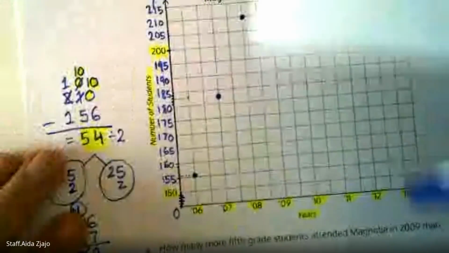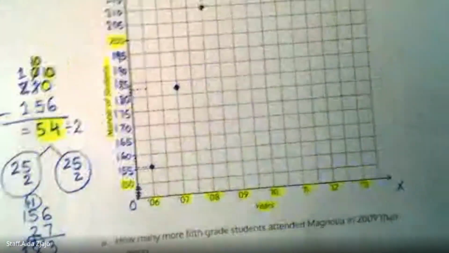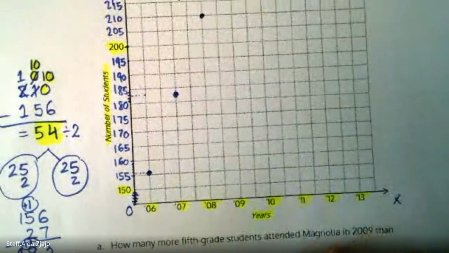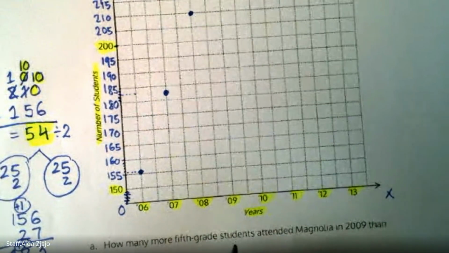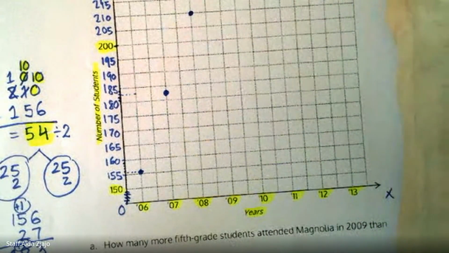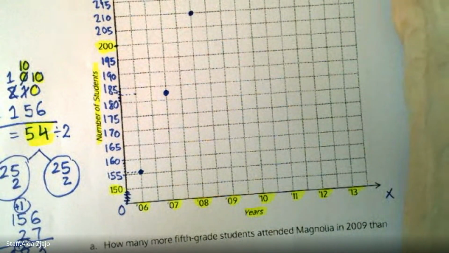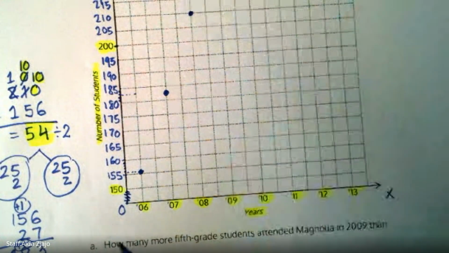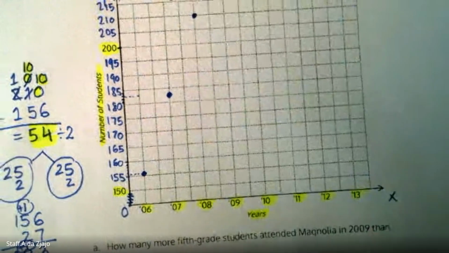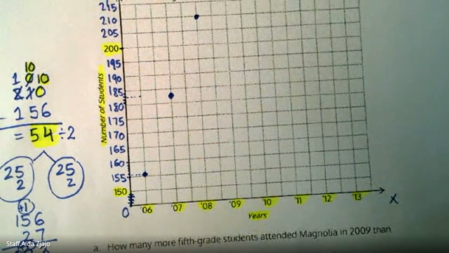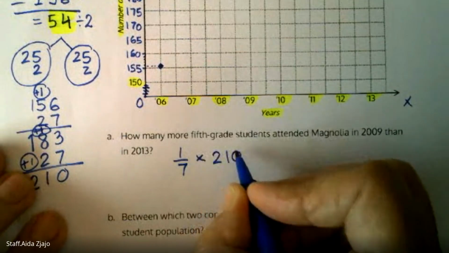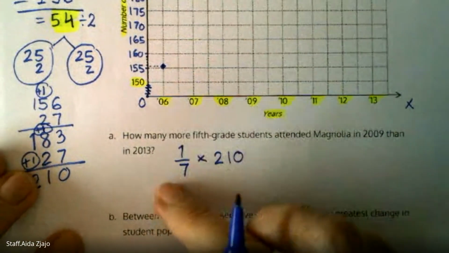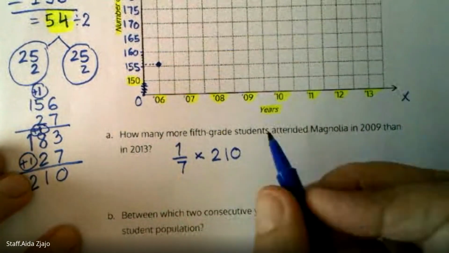So the following year, that means 2009, it was 1/7 of 210. Okay, we need to find what is 1/7 of 210.